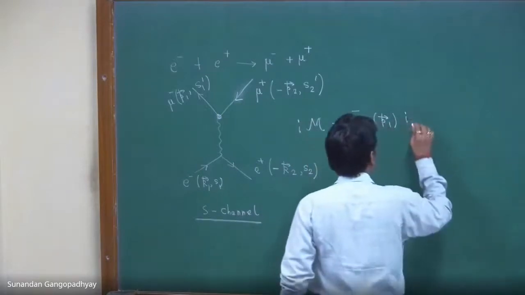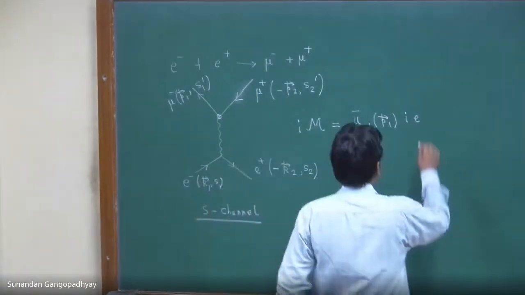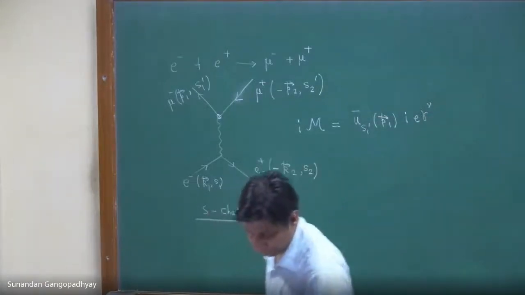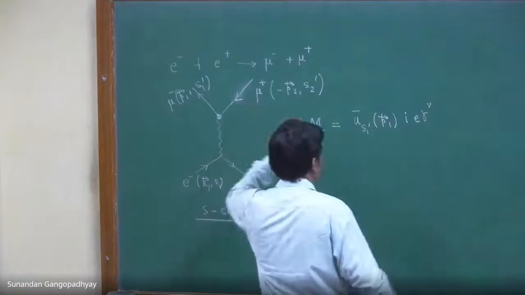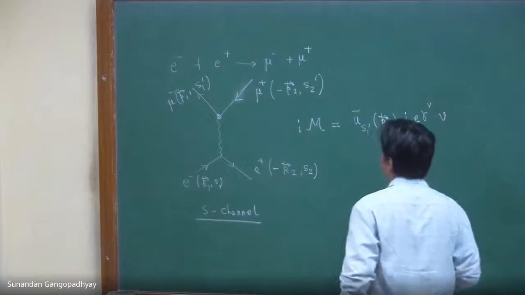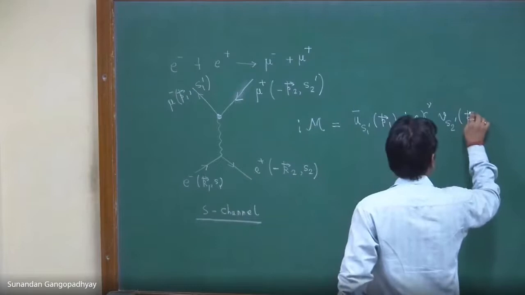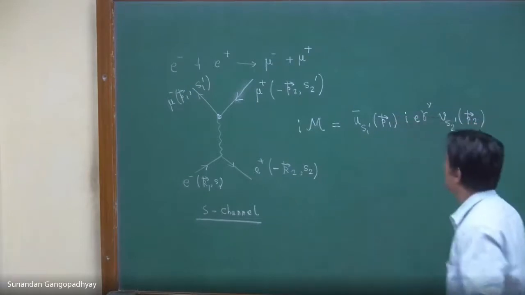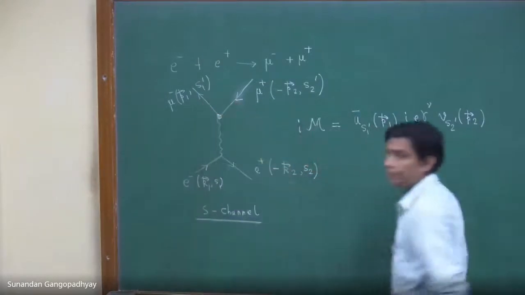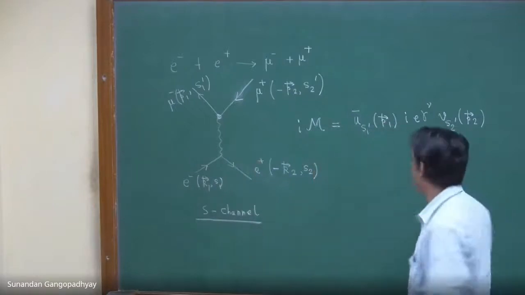Then I have i e gamma nu, and then this is the mu plus, the antiparticle of mu minus. Therefore, I have v s2 prime. So that completes this vertex, this and this. And now I have this photon propagator.